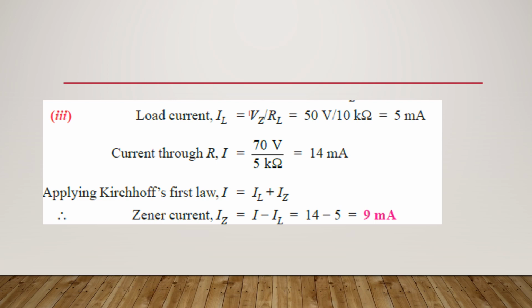The load current IL is given by VZ by RL. VZ is 50 volts divided by RL, which is 10 kilo ohm, so the current value will be 5 milliamps.